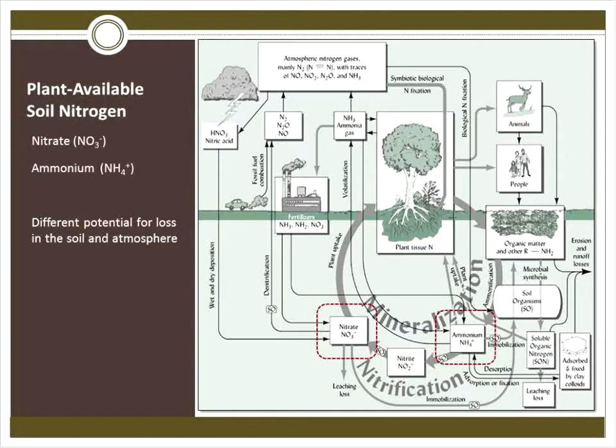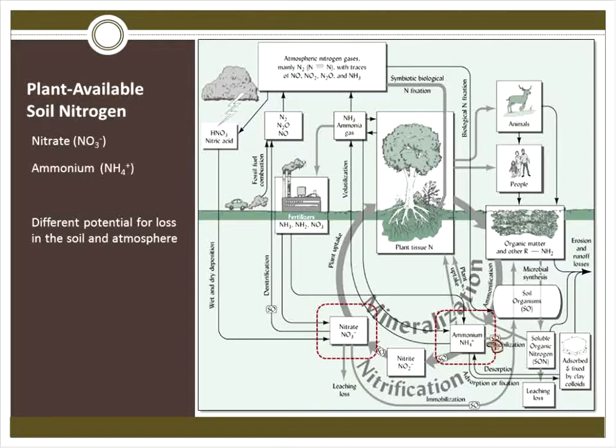Now I want to switch gears and talk about the plant available forms of nitrogen. We have two very important forms. We have nitrate, which is the predominant form of nitrogen that we find in a soil system, and we find ammonium, which is also prevalent in the soil system.